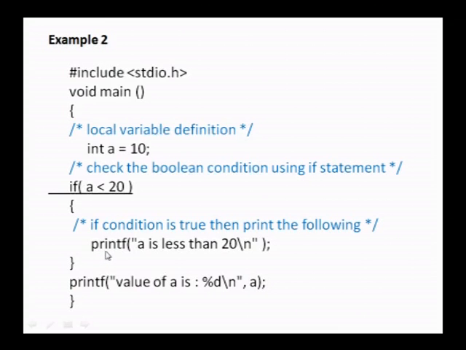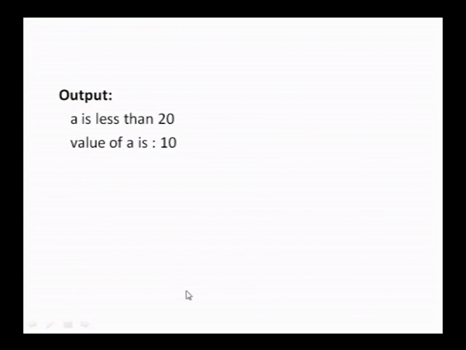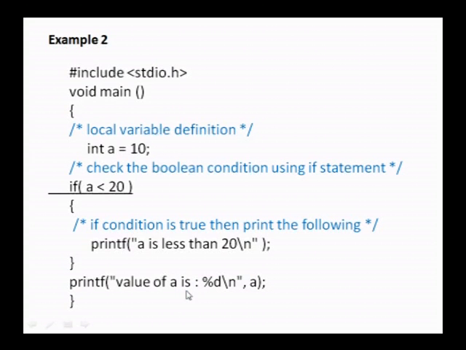So that means "a is less than 20" has to be printed. Following the if code, you have a brace over here, so that finishes our if code. Following that, we have another statement, printf "value of a is"; the value of a is going to be printed. So our final output would be, as you expect, a is less than 20 and value of a is 10. So let's take another look at the program.